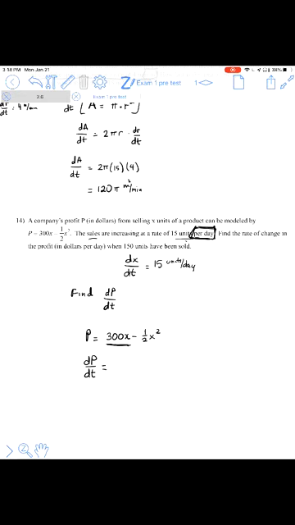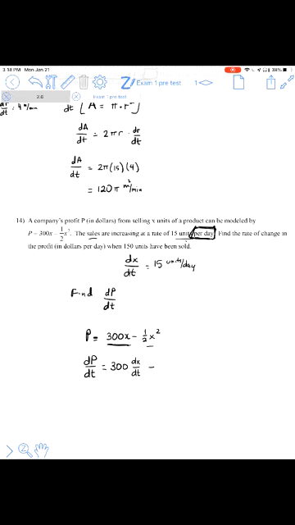Oftentimes students look at 300x and think, well, the derivative is just 300. But remember, we're differentiating implicitly here because t and x aren't the same variable. So the derivative of 300x is 300, but then we have to multiply by the derivative of x with respect to time, which is dx/dt. Now we move on to the next term here.